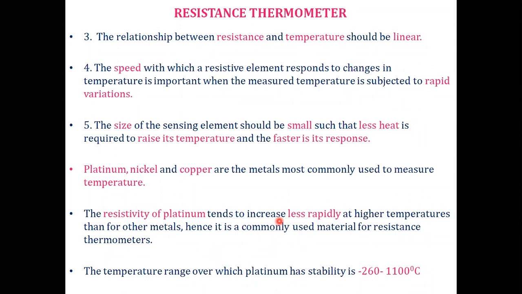Hence it is a commonly used material for resistance thermometers. The temperature range over which platinum is stable is minus 260 degrees centigrade to 1100 degrees centigrade.